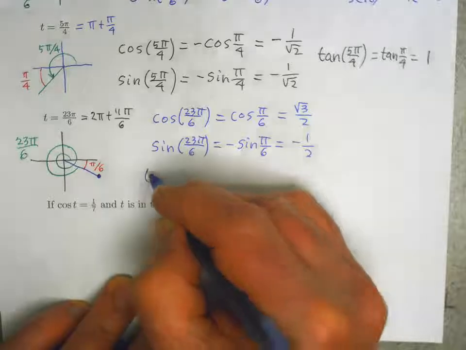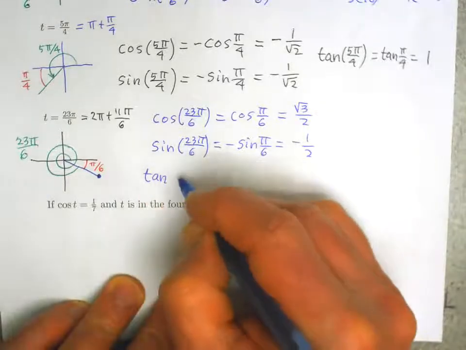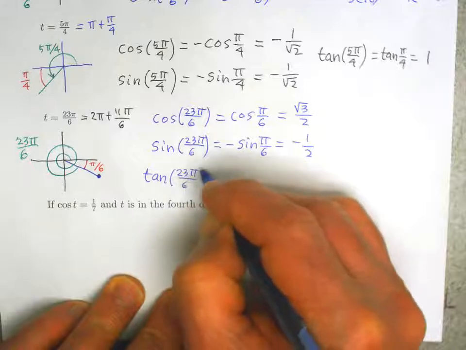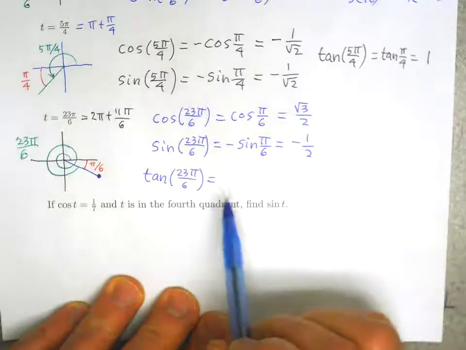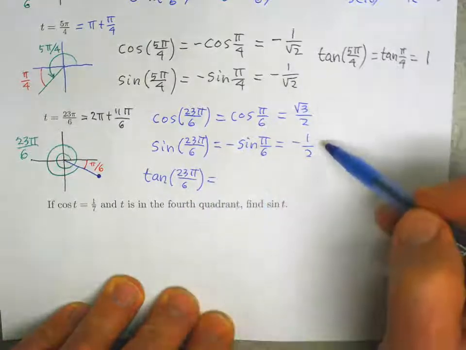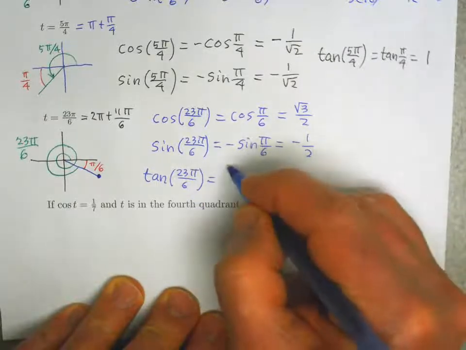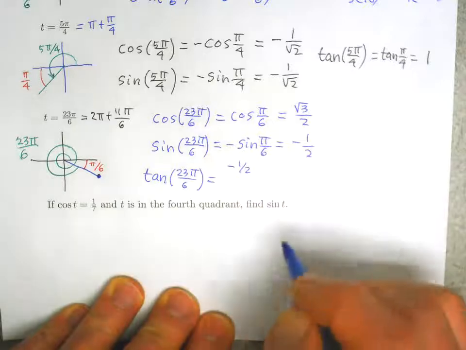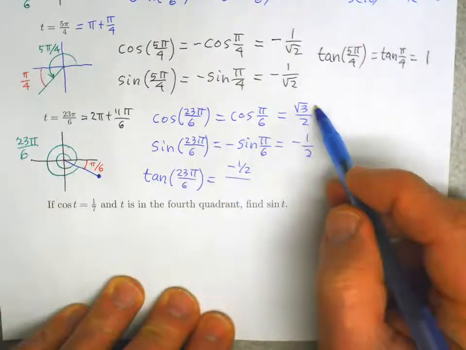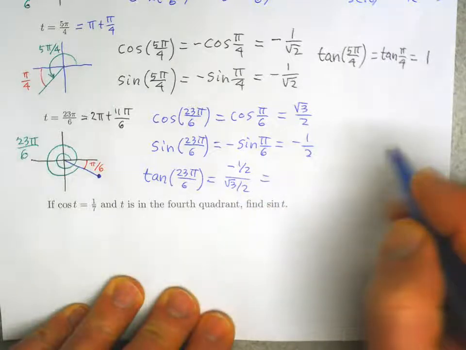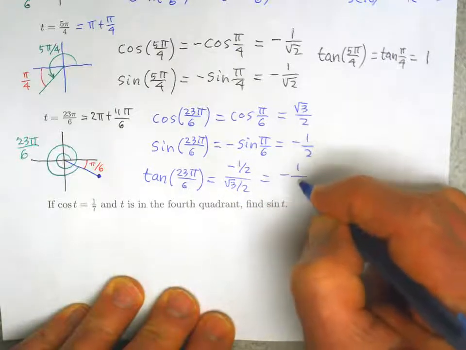And the tangent will be negative. Tangent of 23 pi over 6. I'll just write what sine is. Negative 1/2 in the numerator. The denominator is the square root of 3 over 2. So this will become negative 1 over the square root of 3.